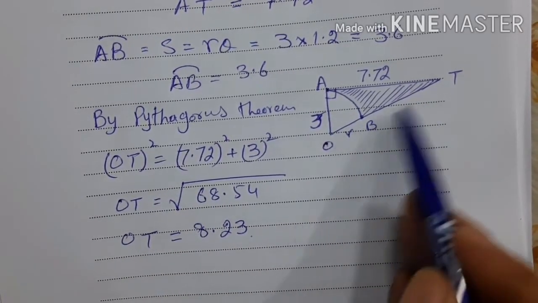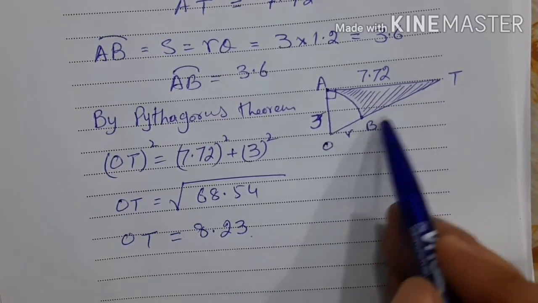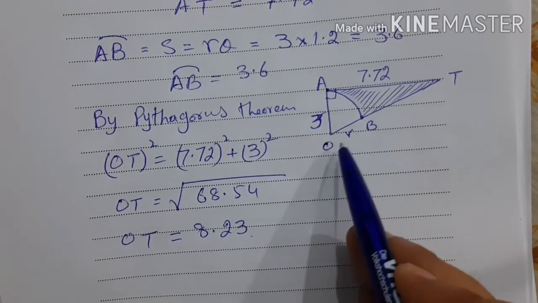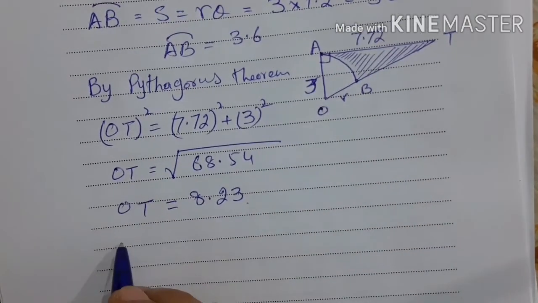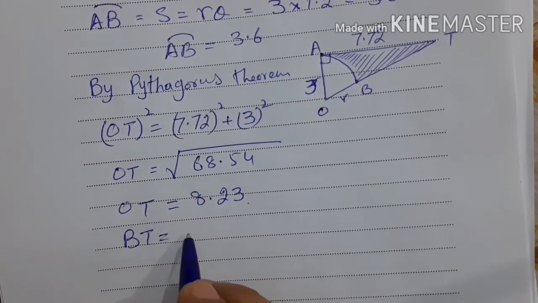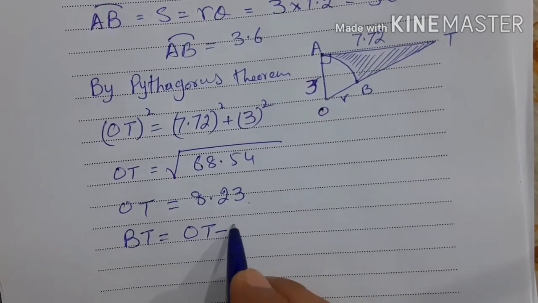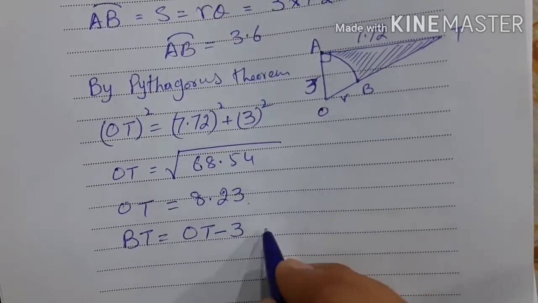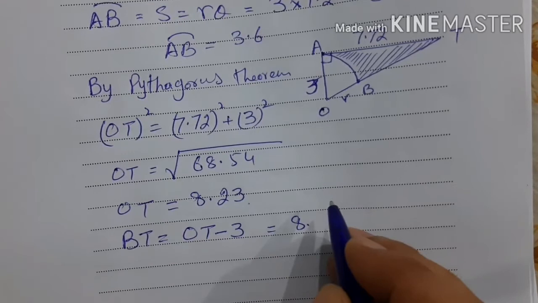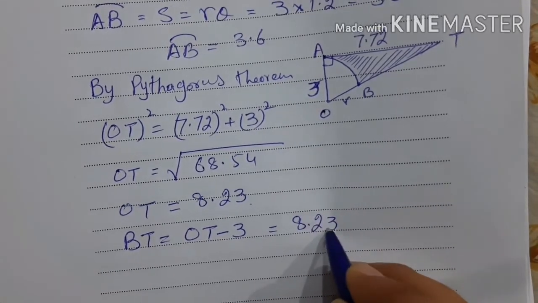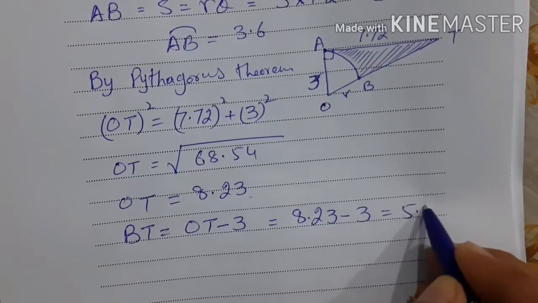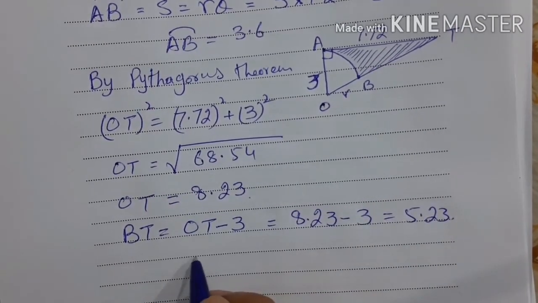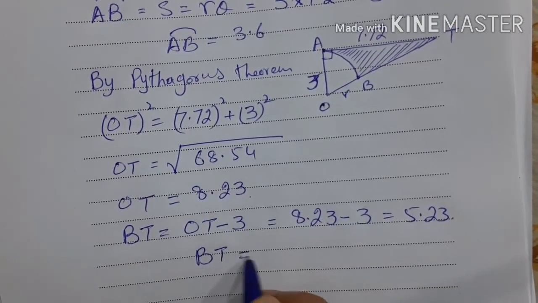But I need BT because this BT is the boundary of the shaded region, so I need to subtract this R, which is 3. So BT will be OT minus 3, so 8.23 minus 3, which is 5.23. This is the value of BT.